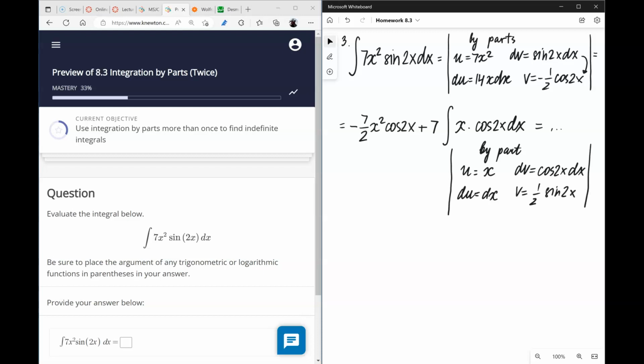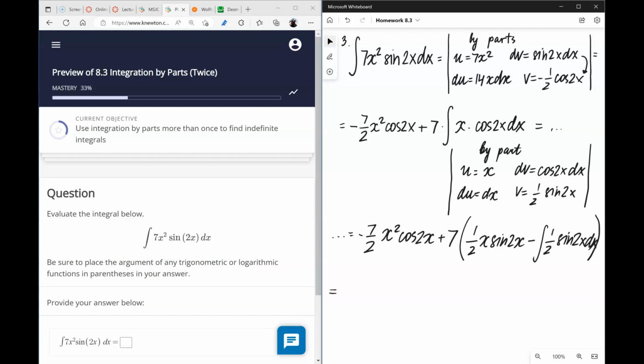And now the most important step here is not to lose track of your own work. So the integration by parts, the result of it will be written inside of the parentheses here. So we have uv minus integral of 1/2 sine of 2x dx.